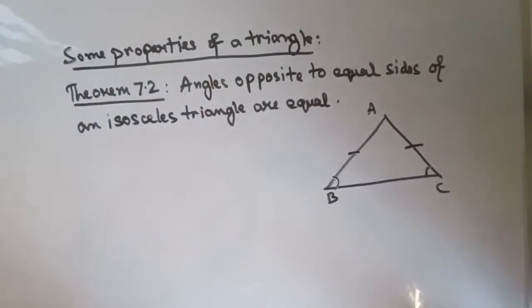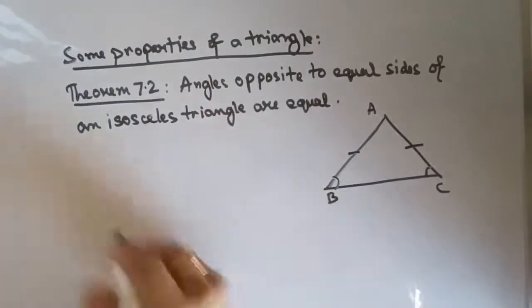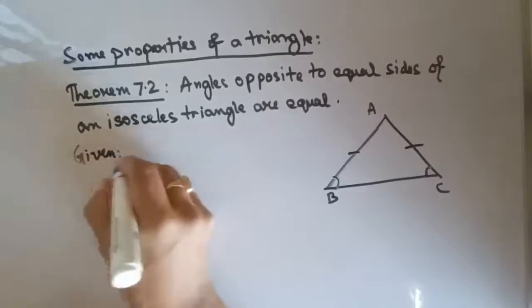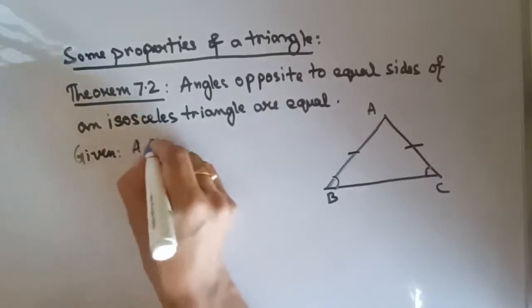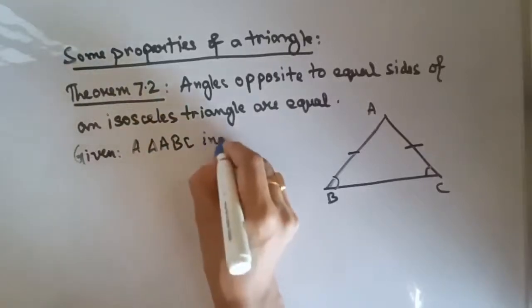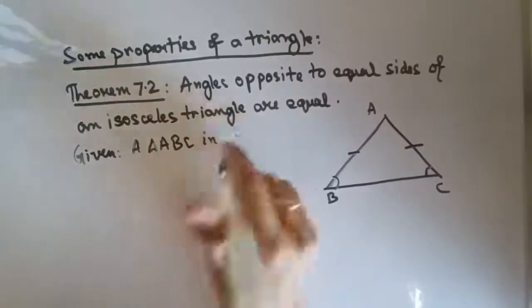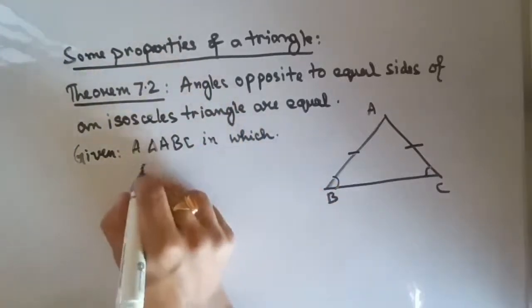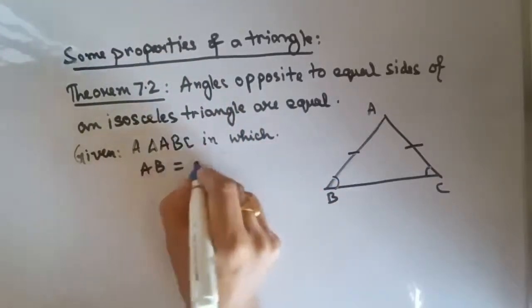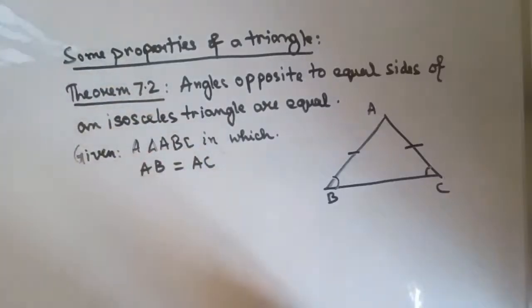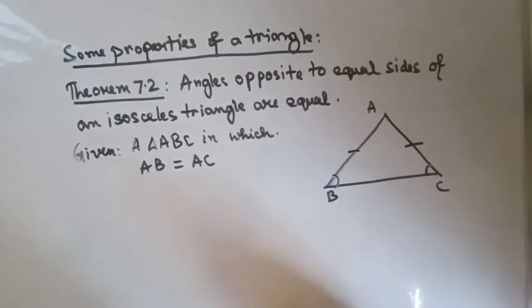Let us try to prove this theorem. Given a triangle ABC in which AB is equal to AC. That is, ABC is an isosceles triangle.